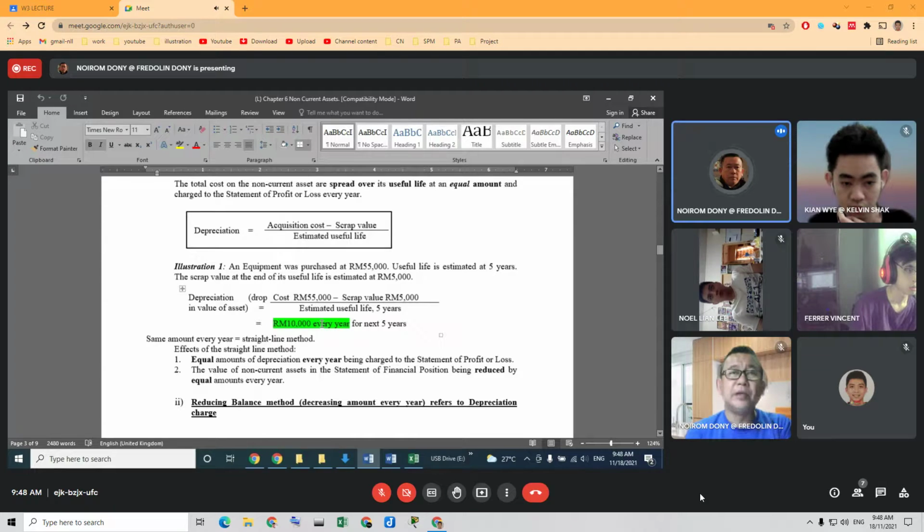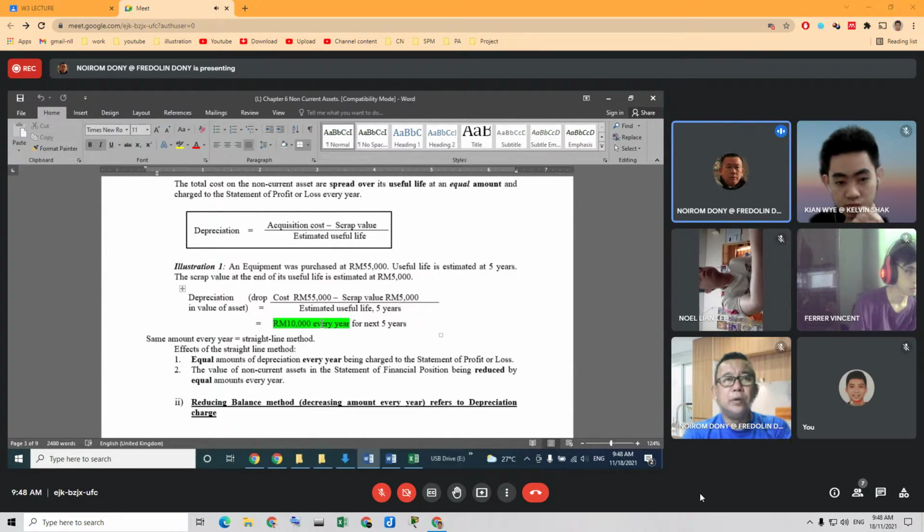So remember, there's no actual payment of expenses. This is just allocation. So that's why we have to do the credit entry in accumulated depreciation. So accumulated depreciation is an account representing the amount that is being allocated as depreciation and charged in the statement of profit or loss.